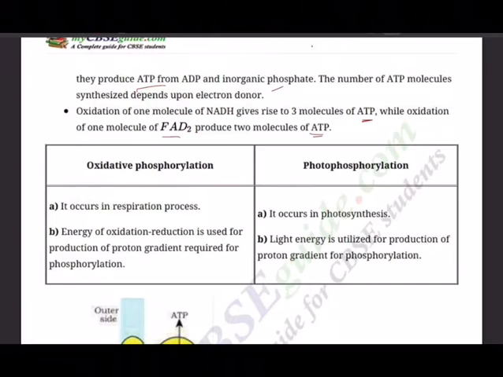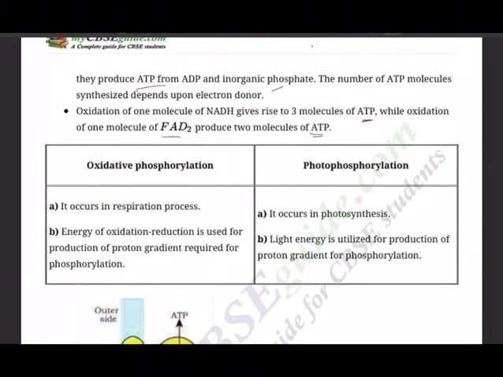In the ETC, electron transport chain, that we were reflecting upon yesterday, we said there are 4 complexes. One is the NADH coenzyme Q reductase complex, also called NADH dehydrogenase complex, that is complex number 1.